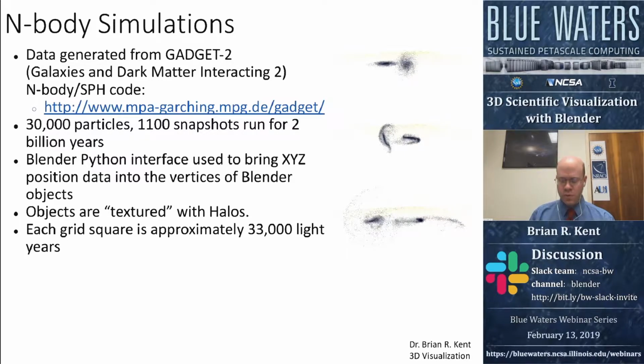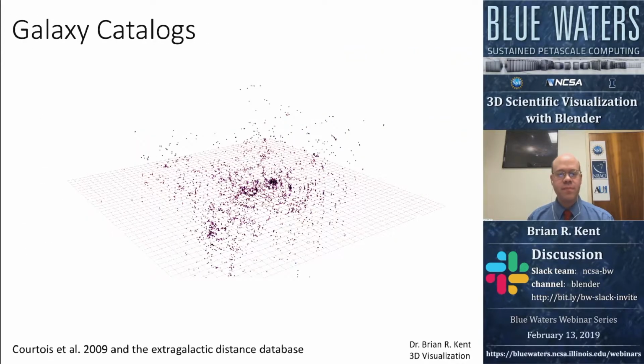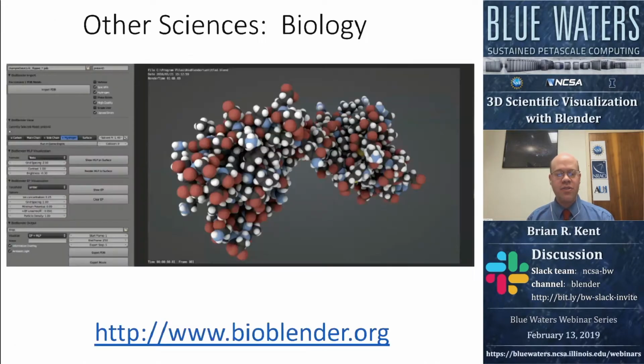So really a wonderful tool for doing n-body simulation rendering. Also, in terms of 3D, I can take what's called the extragalactic distance database. There's a citation there at the bottom of the page, and actually map out several thousand galaxies in the nearby universe and look and see what those actually look like in 3D.